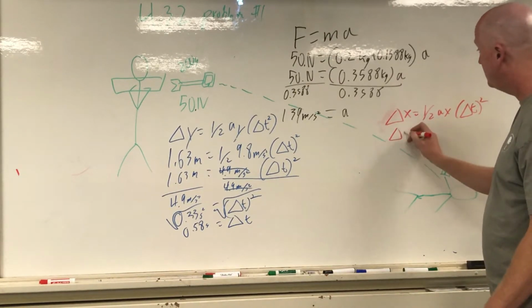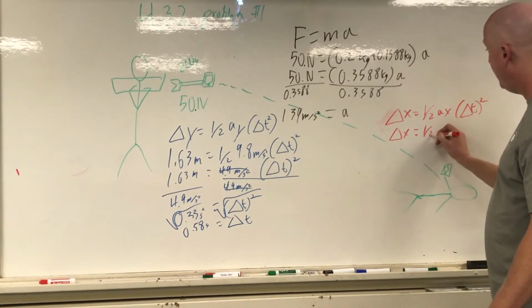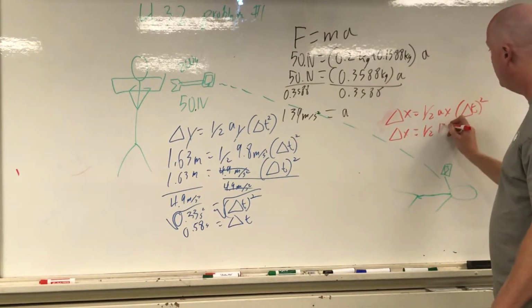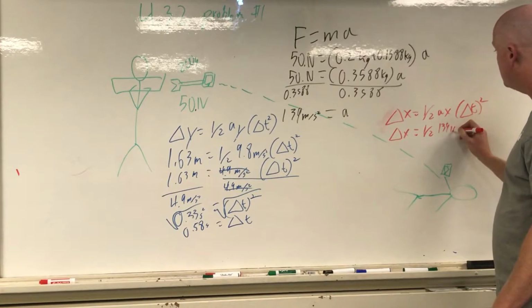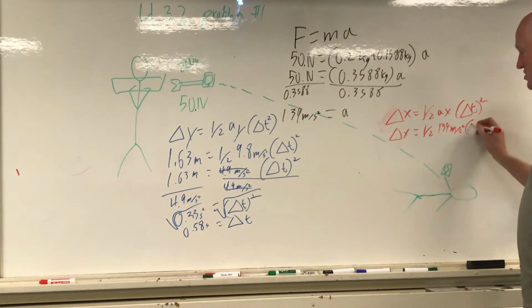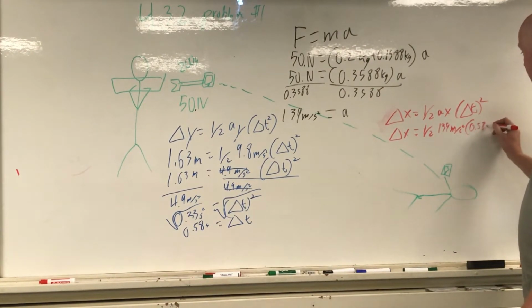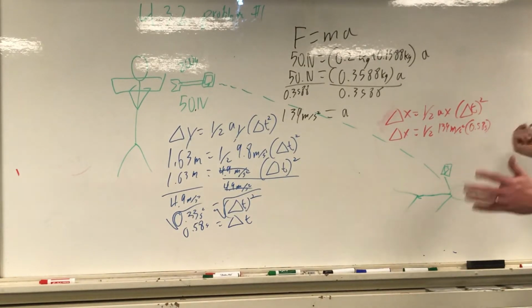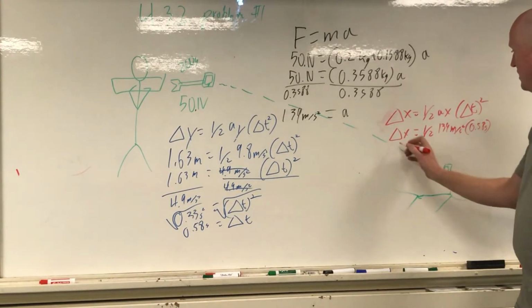We're trying to find that. 1/2 ax, well, we figured it out. It's going to accelerate at 139 meters per second squared. And delta t, we figured that out. It's 0.58 seconds.